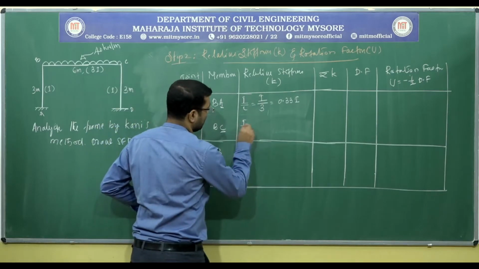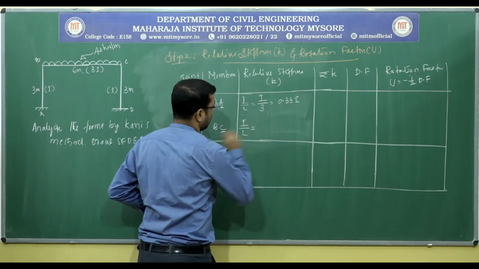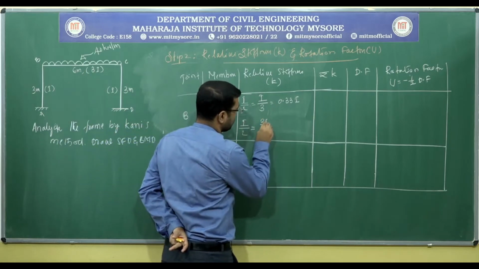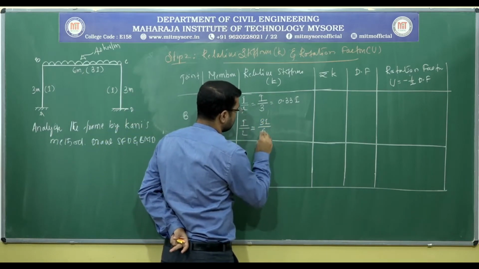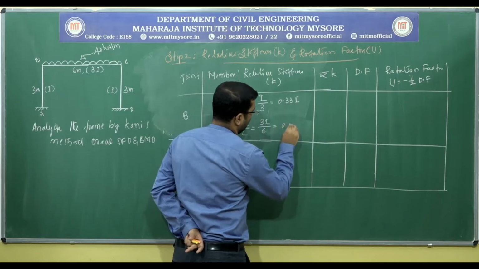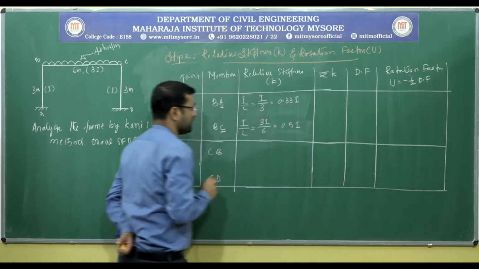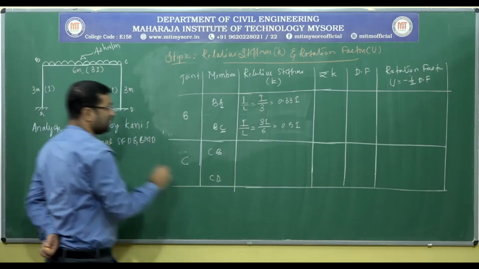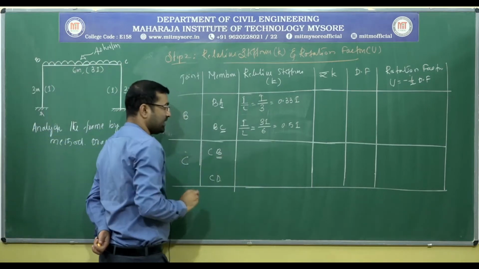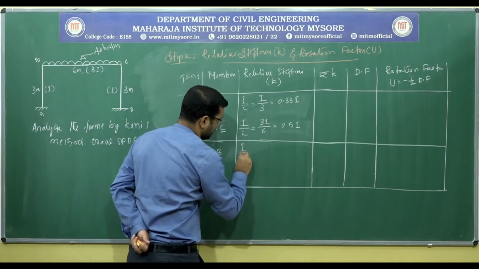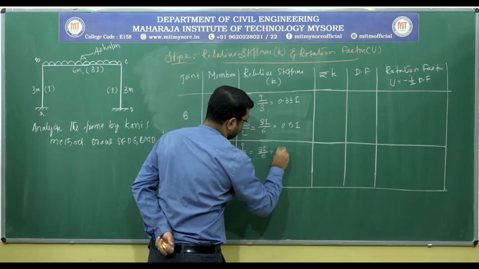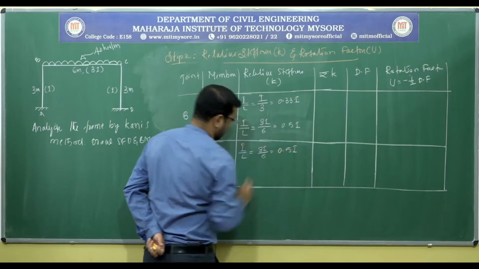So here also the relative stiffness is I by L. Here the I value is 3I and L is 6, so this is 0.5 I. Similarly for member CB, B is the far end and it is fixed, so it is I by L, 3I by 6. This is also 0.5 I.